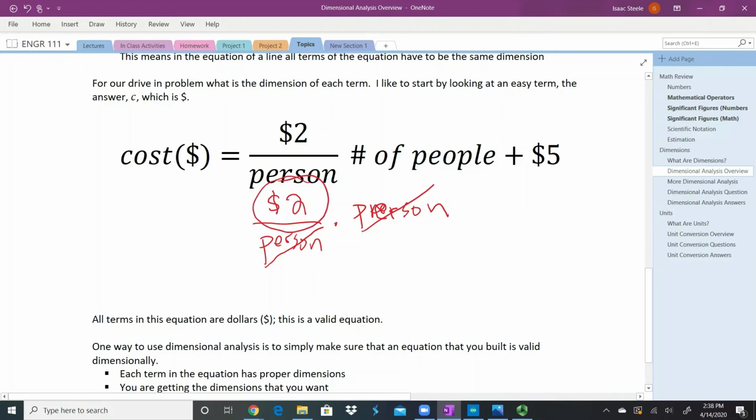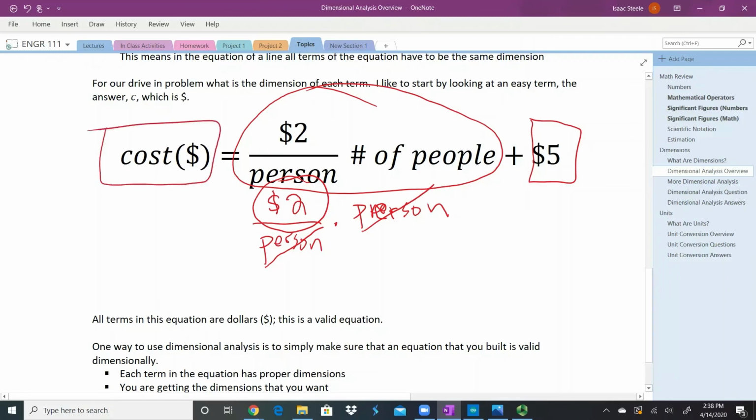And so what this really breaks down to is I have a starting cost, and then depending on my number of people, I might have an additional cost as well. Those two things sum together, my starting cost plus my additional cost equals my total cost. So this is a valid equation. Everything's cost, I'm adding it together, and it's going to give me the answer that I want as long as I plug things in correctly.